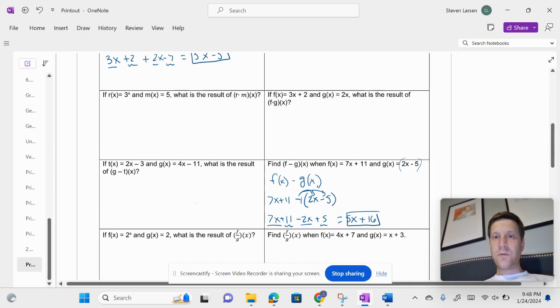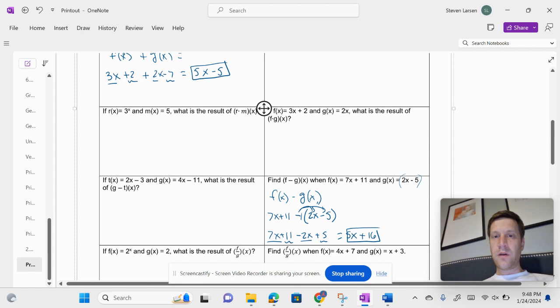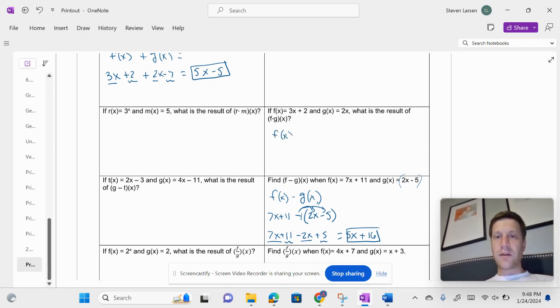Let me do multiplication. So we'll come up here. f times g of x. I have f of x times g of x, which is 3x plus 2 times 2x. A lot of times we would see the 2x written first and then the one with two terms written second.